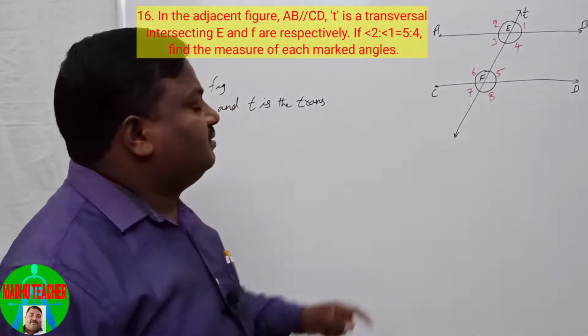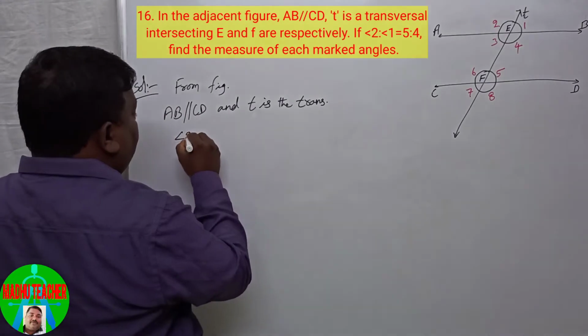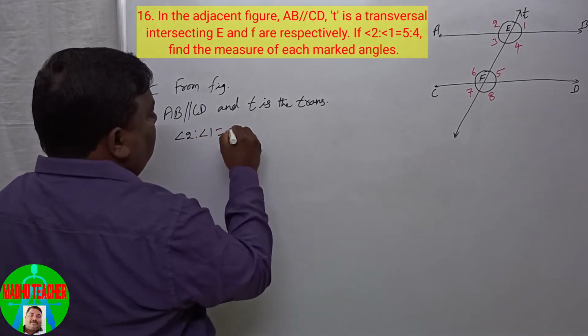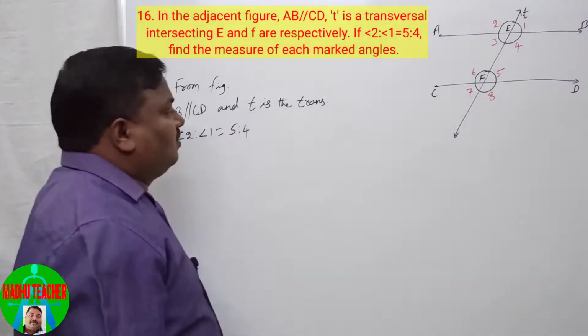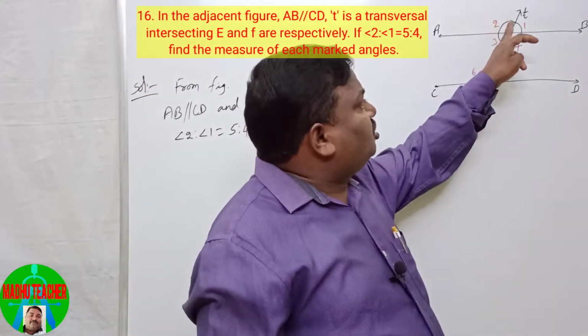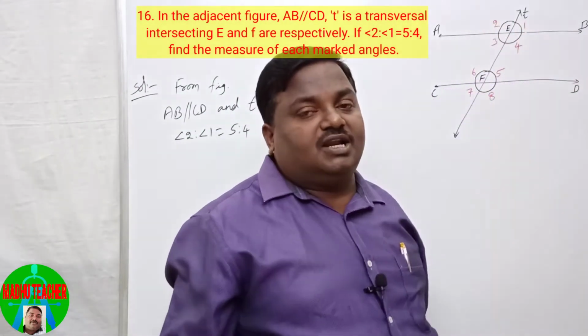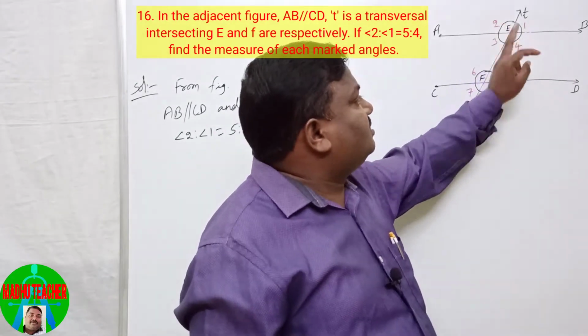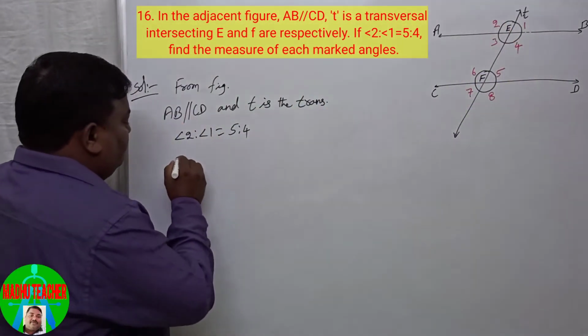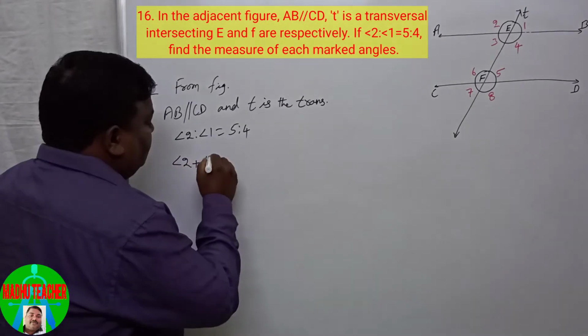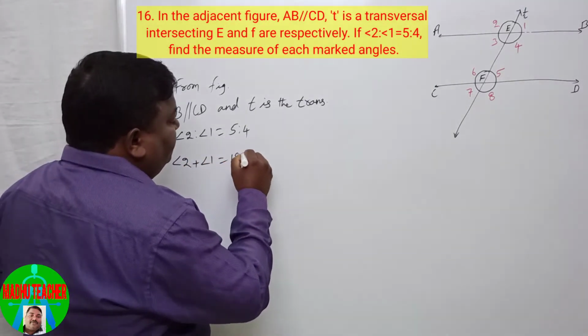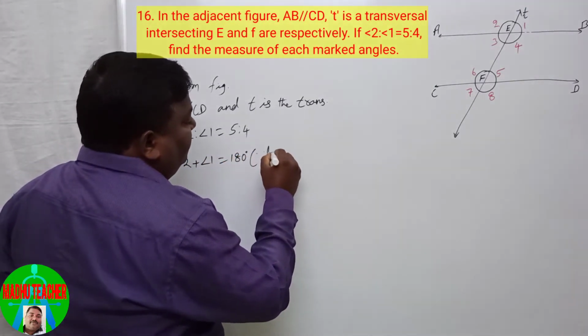Next, angle 2 is to angle 1 equal to 5 is to 4. Here, angle 2 is to angle 1 is given. Actually, we know that these two angles are a linear pair. Therefore, angle 2 plus angle 1 equal to 180 degrees, since linear pair.